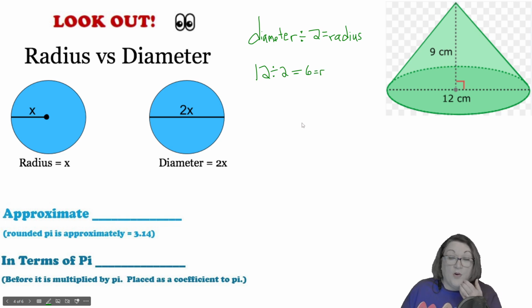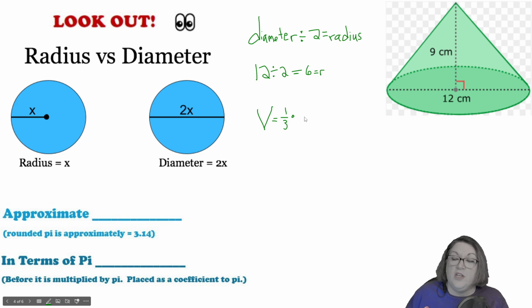Okay, now we're going to write the formula down for the cone again, which is volume equals 1/3 times pi, and this time we're going to use 3.14 times the radius squared, and that would be 6 times 6 times the height, which is 9 in this case.